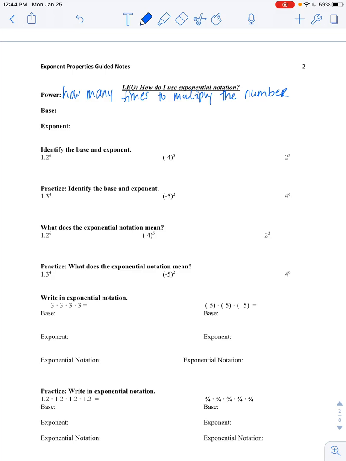Okay, so if we had 2 with an exponent of 5, this means 2 is raised to the power of 5. So 5 tells you that you're multiplying 2 five times to get your answer. Okay, the base is the number that's being multiplied.